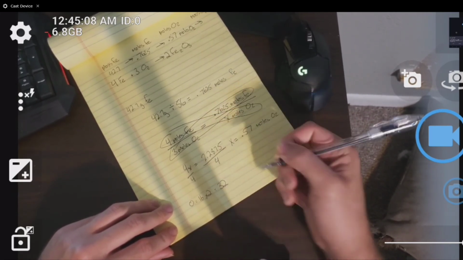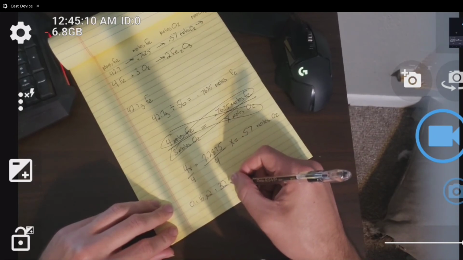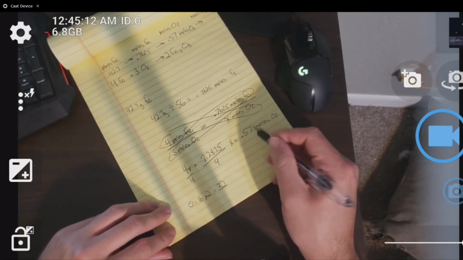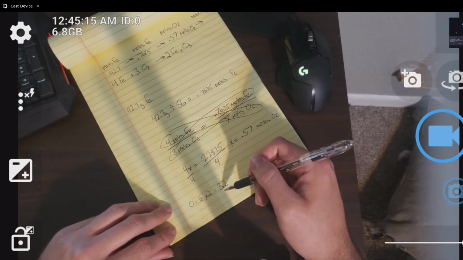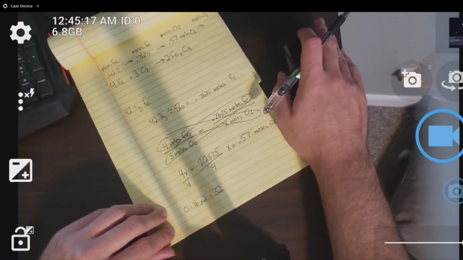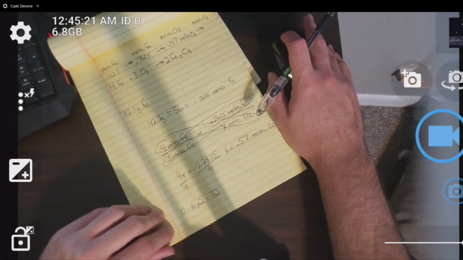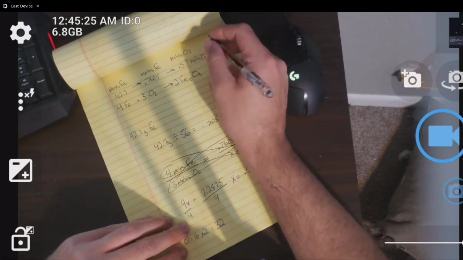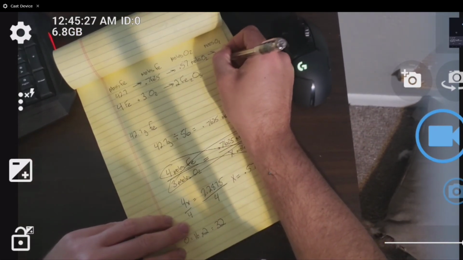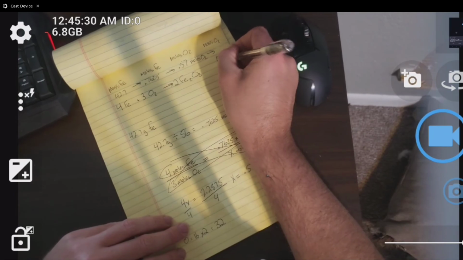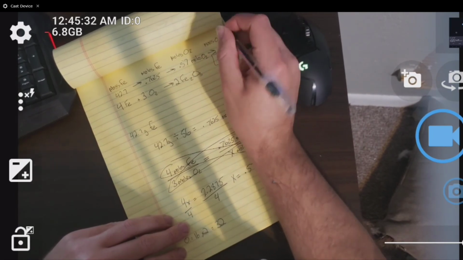That's a total of 32 grams per mole. And then we're going to multiply the number of moles times the molar mass. So 0.57 times 32 gives us 18.24 grams, and that is our final answer.